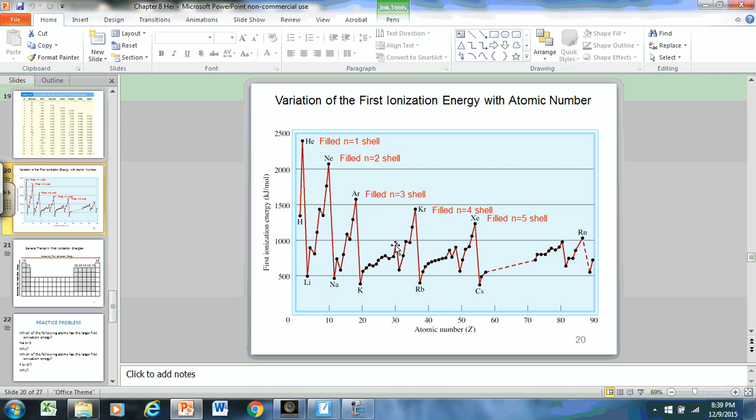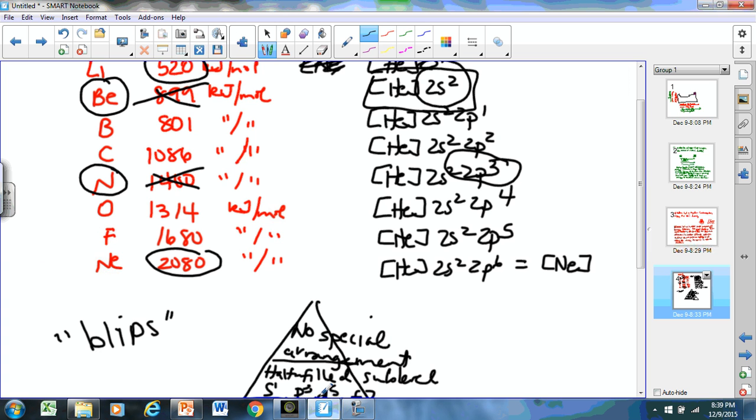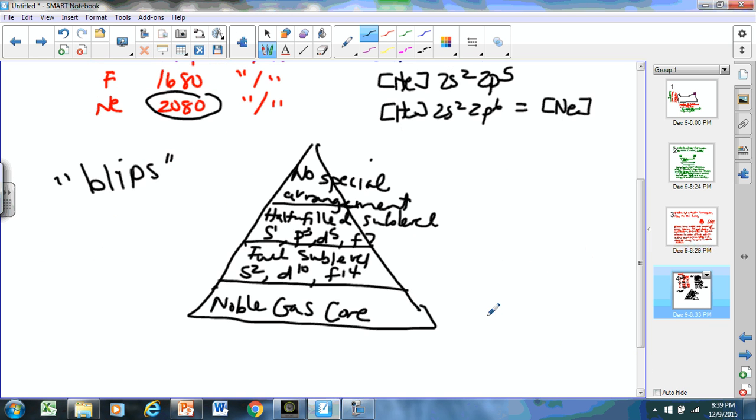Atomic number 30 is zinc. Zinc ends in d10, and d10 is very stable. If you look at the stability triangle, d10 is a full sublevel.